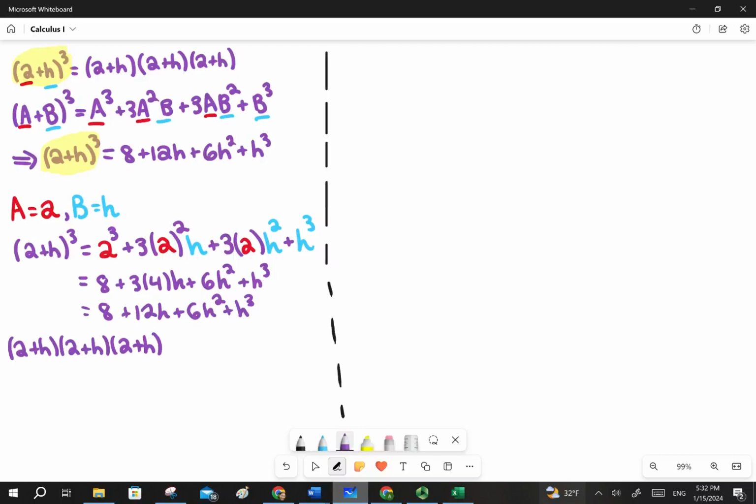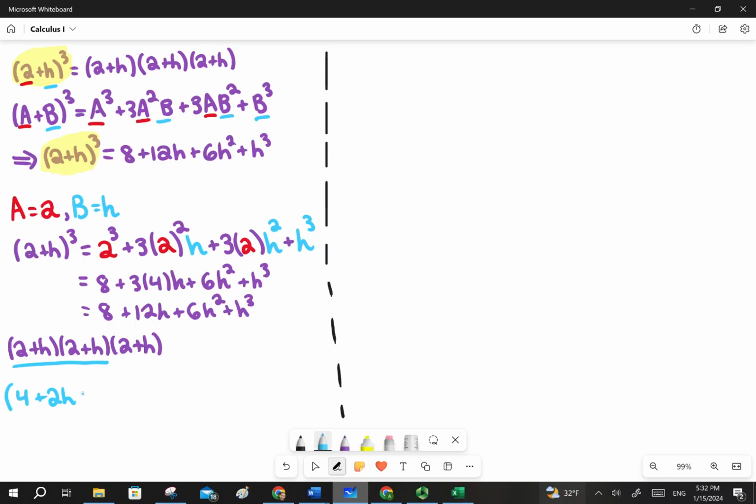If we multiply 2 plus h times 2 plus h times 2 plus h using FOIL or a similar method, we have to start by multiplying one pair, 2 plus h times 2 plus h. First is 2 times 2 is 4. Outer is 2 times h is 2h.